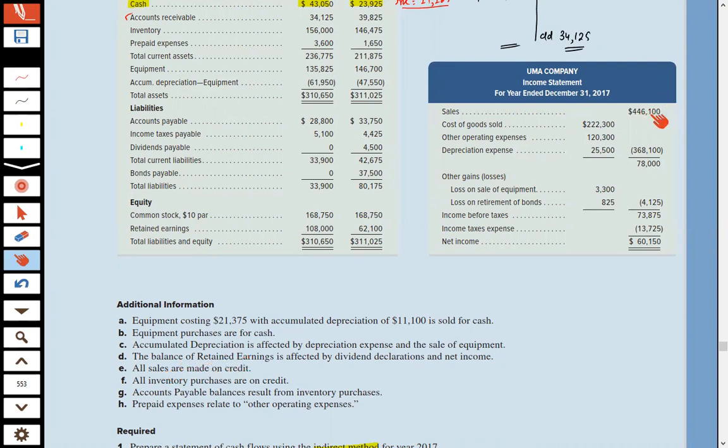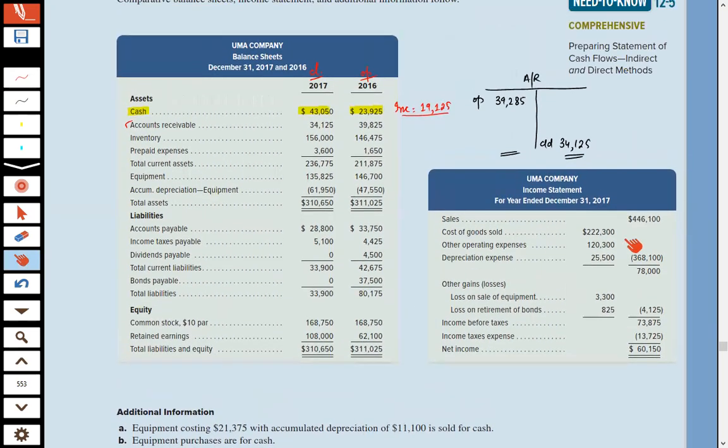If some sales are on cash basis, we will subtract them and insert the net amount. All accounts payable result from the inventory. Okay, fine. Inventory purchases are on credit. All sales are made on credit. There are no cash sales, so this whole amount will be debited in the accounts receivable account, 446,100.